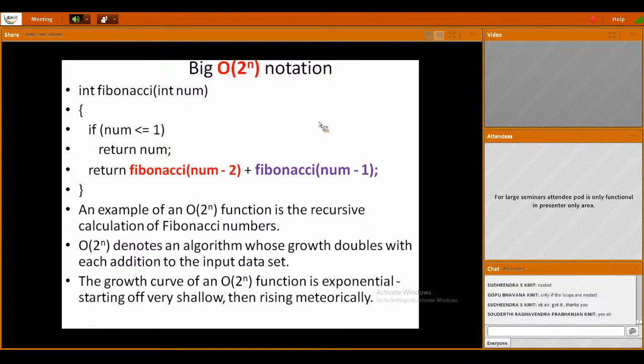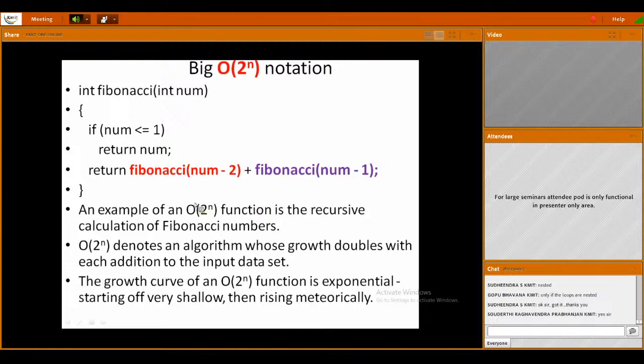2 to the power of n. This is a recursion, and in this recursion I am calling the Fibonacci function. So this Fibonacci function is this function plus this function.